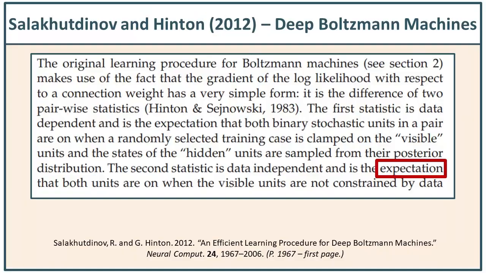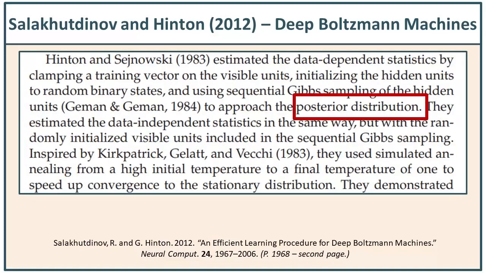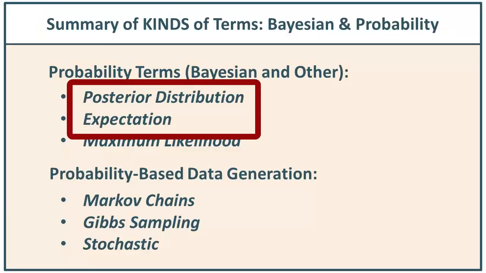Now look, I'm just going to skip through really fast and pull out some highlight terms to make a point. So here on page 1, we're talking about expectations and posterior distribution. Okay, cue the Bayesian logic. Posterior distribution means Bayesian, right there. Now, page 2. There's a little history, okay?